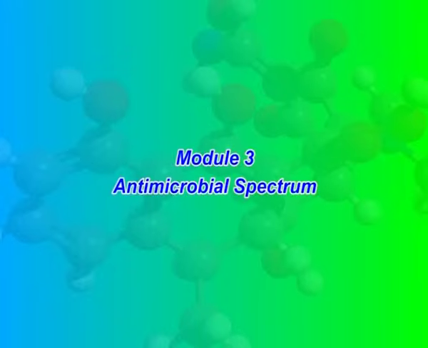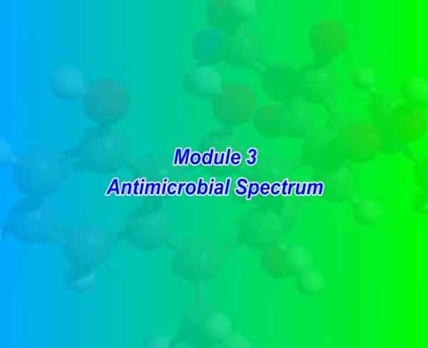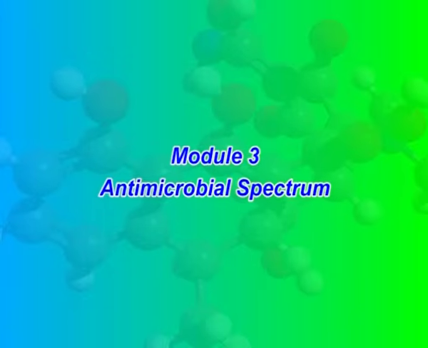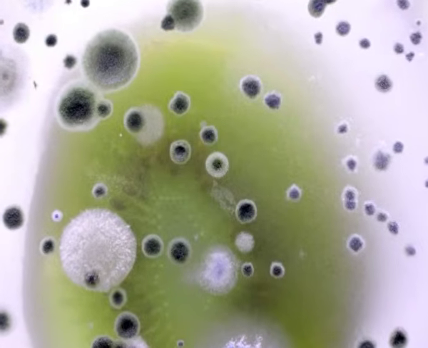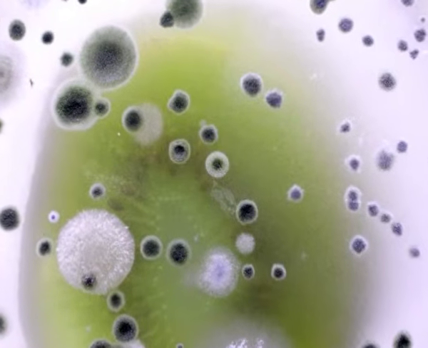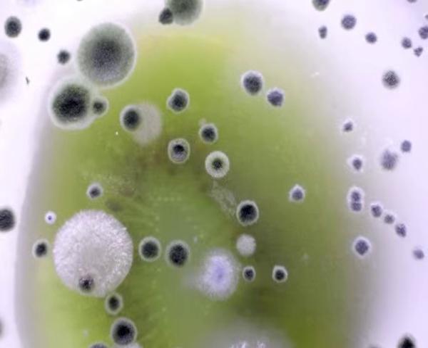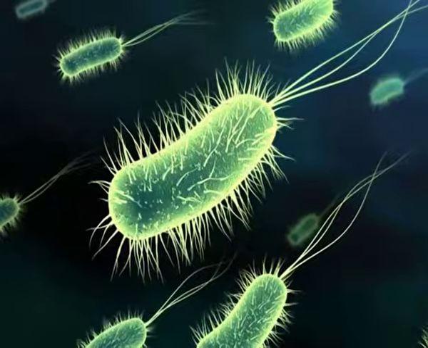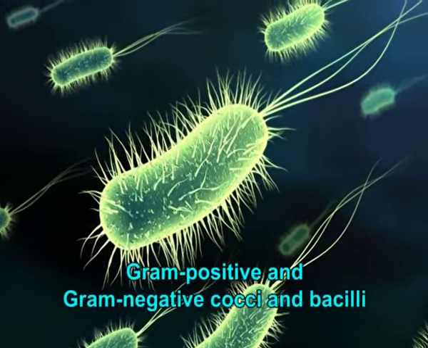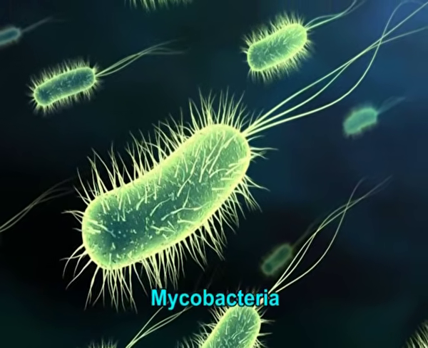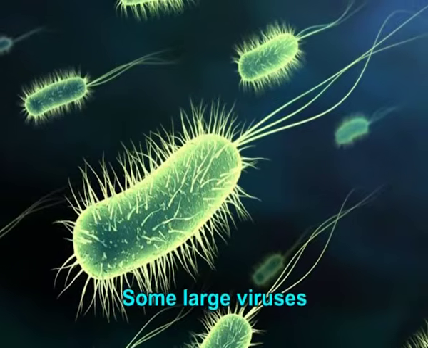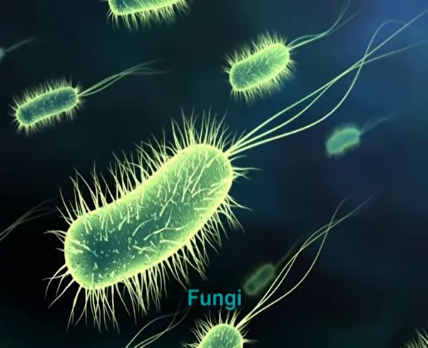We came to the end of our module 2. Let us start with module 3, that is the antimicrobial spectrum of sulfonamides. The antimicrobial activity of sulfonamides extends to a number of microbial species having a folic acid pathway, which includes many gram-positive and gram-negative cocci and bacilli, mycobacteria, some large viruses, protozoa and fungi.